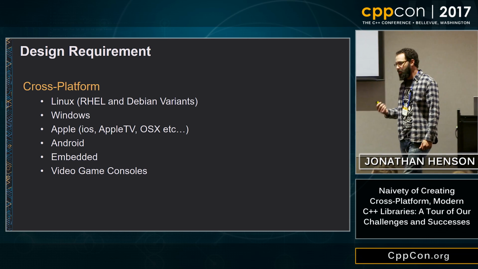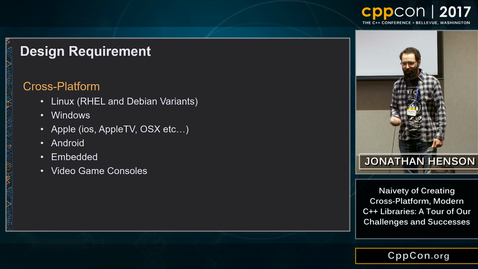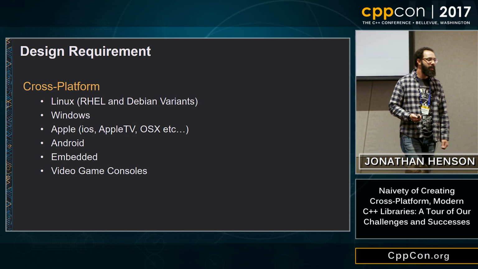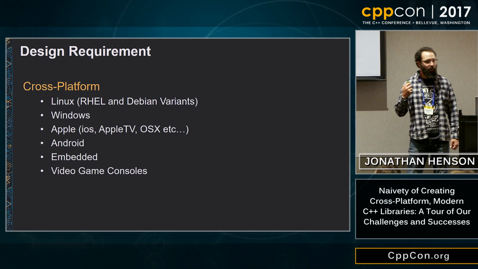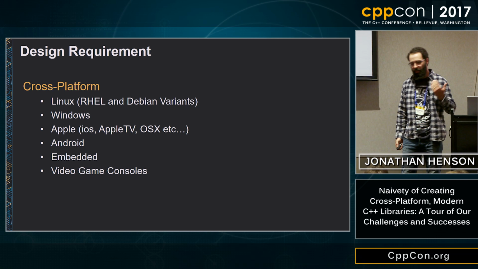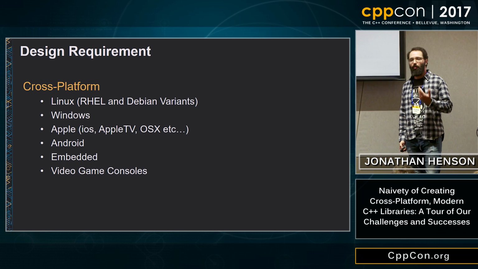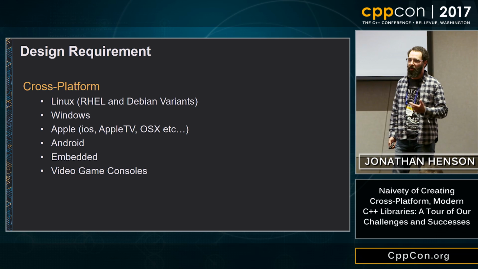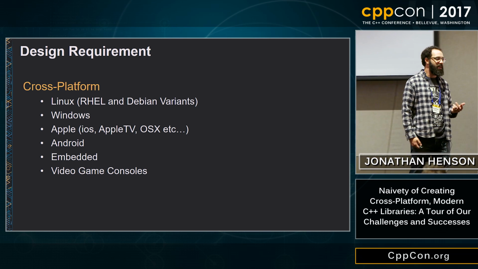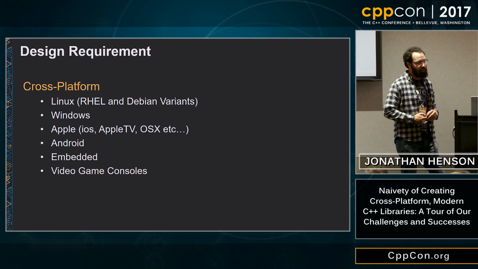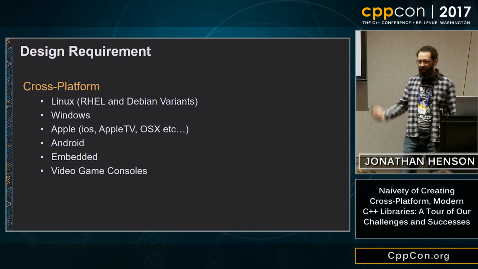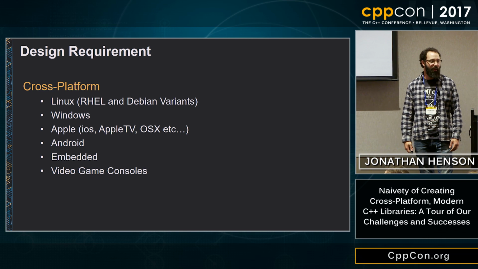We want to build for Android as easily as possible. This one turns out to be quite challenging. And then we want to have at least hooks to handle embedded systems where we cannot predict what the operating system is or what types of libraries are going to be there for cryptography and things of that nature. And lastly, we knew that we needed to support video games and therefore video game consoles.